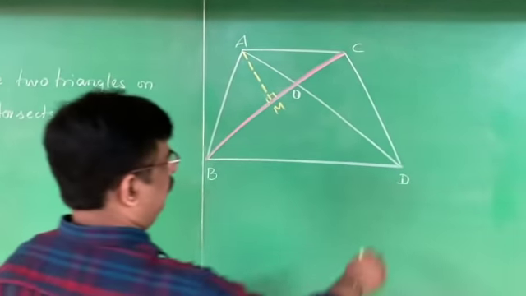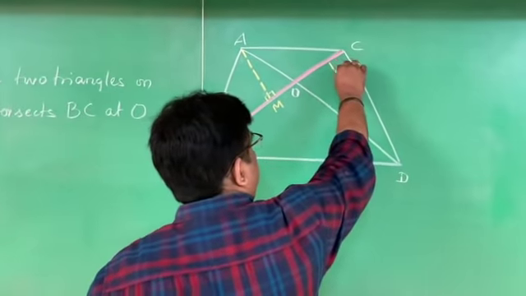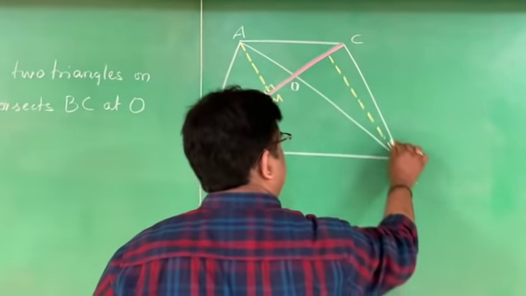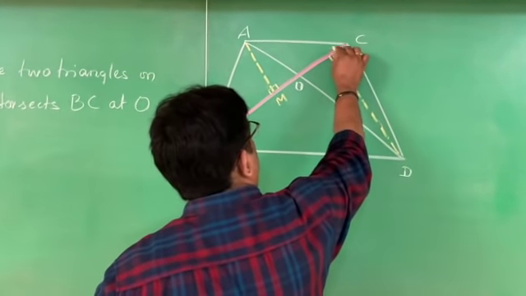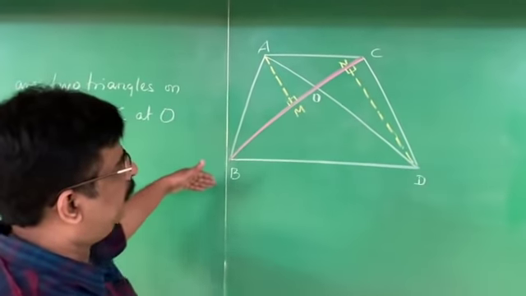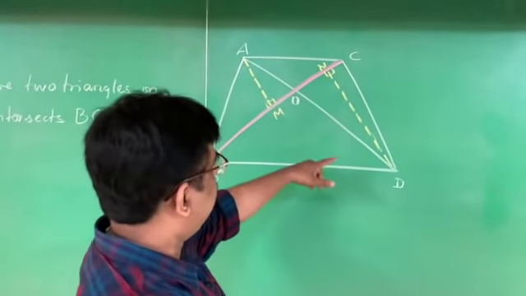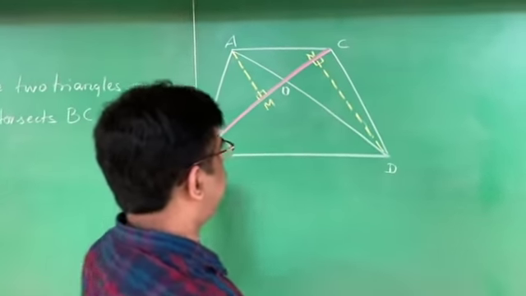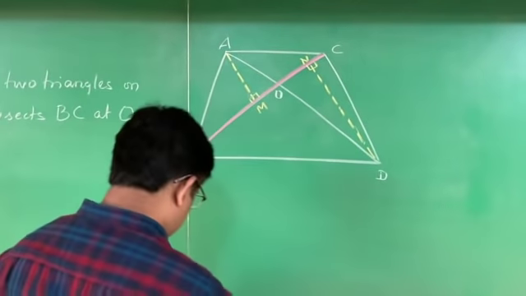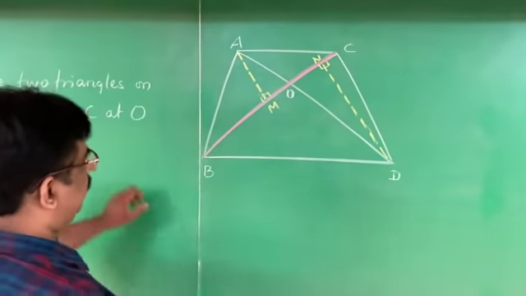Similarly, from D, I draw the perpendicular, that is N. DN is drawn perpendicular to BC, therefore DN is the altitude of the triangle DBC. Using that I find the area first. Therefore what will I draw?